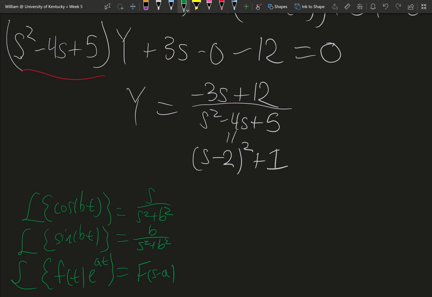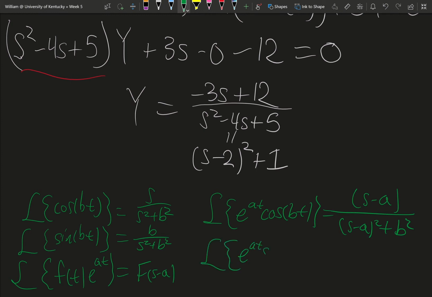If we combine these, we can see that the Laplace transform of e to the at times cosine of bt is s minus a all over s minus a squared plus b squared. Similarly, if I instead multiply by sine, what I get is b over s minus a squared plus b squared.